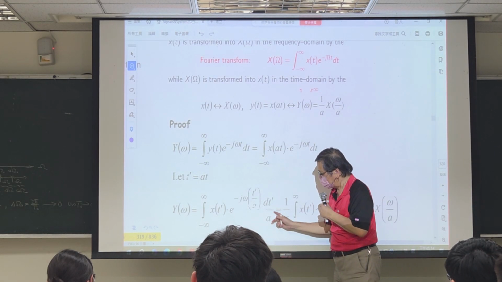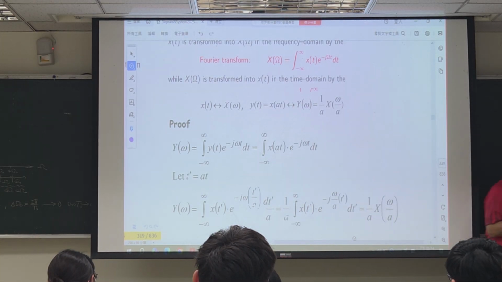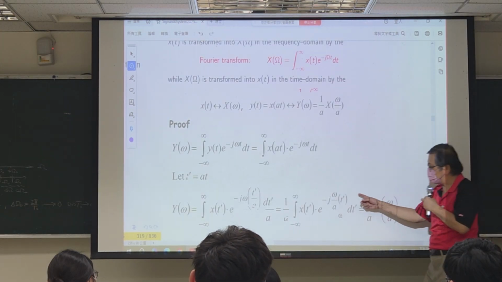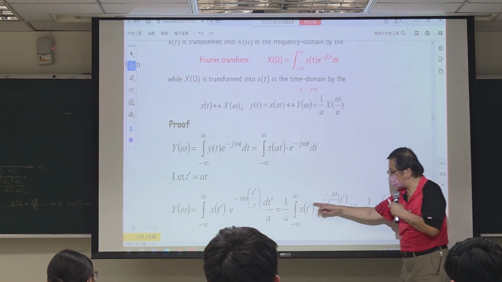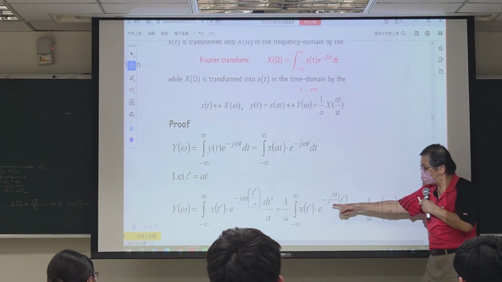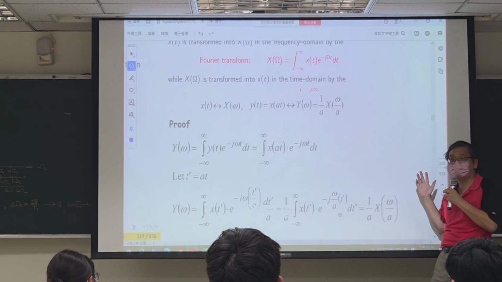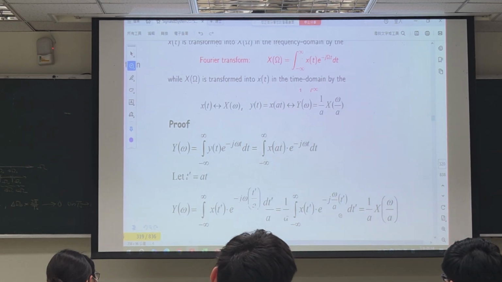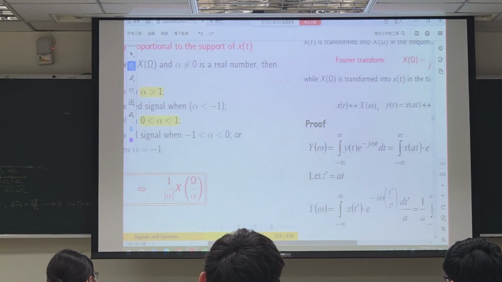And then we can bring this constant 1 over a out of the integration. And this integral is the Fourier transform of x at the frequency omega over a. And that's it. So the proof is straightforward.